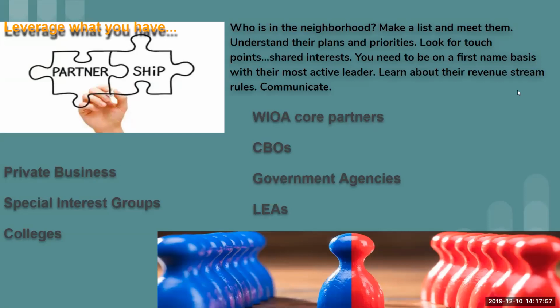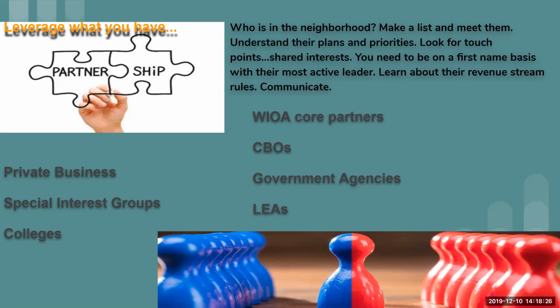So partnership can look like a lot of different things. There are many different types of partners that you may have or may already be aware of in your region. What I want to encourage everyone to do is to develop that relationship with your partner groups. They need to understand your mission and vision and how you're going to strategically address the needs of your adult learners in your community, but you've also got to understand their mission and vision so that you can help enhance their program.